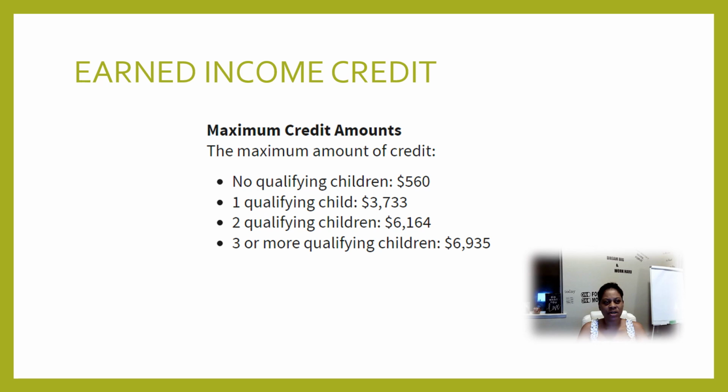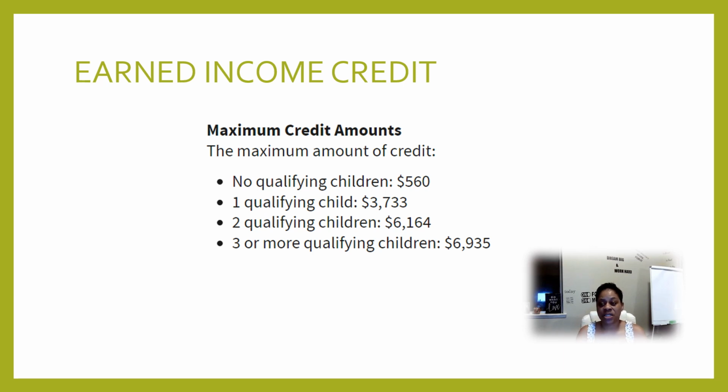But it even goes more in depth than that. If you have no children, you can get $560 earned income credit. But you can't make over $16,000 in income, or else you don't qualify for the earned income credit. See what I mean?